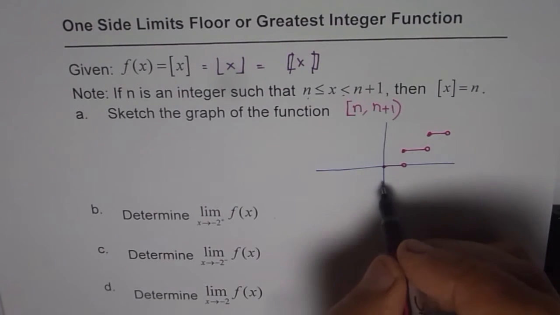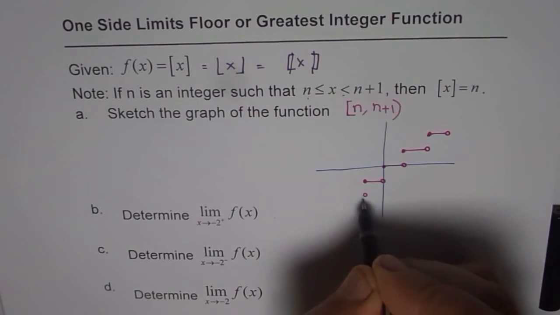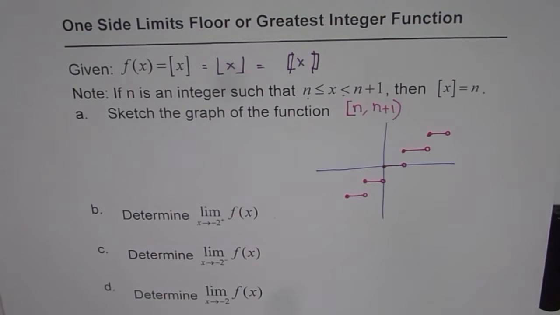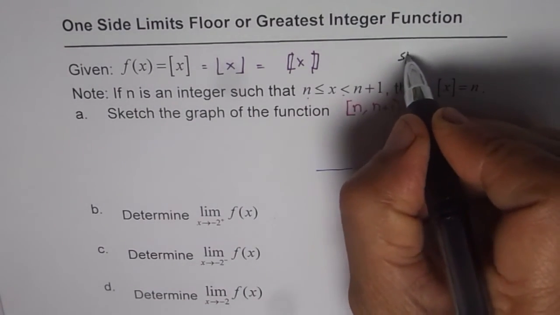That is on the positive side, and a similar pattern is followed when we have x values as negative. So that is how you can sketch it, and therefore it gets another name. We have floor function, greatest integer function, and also step function.